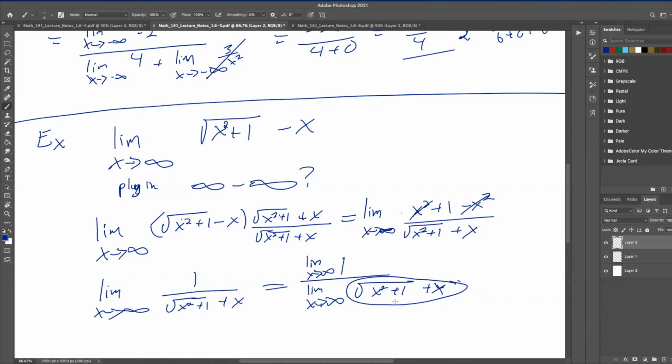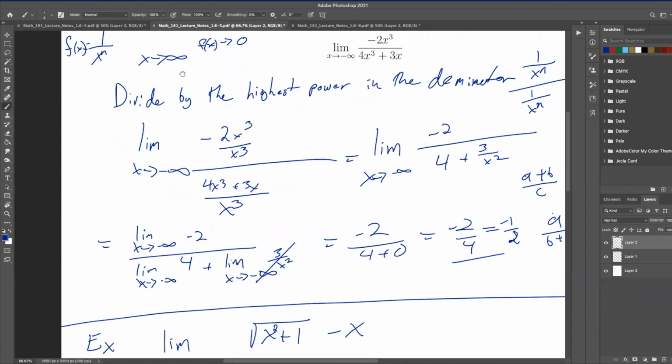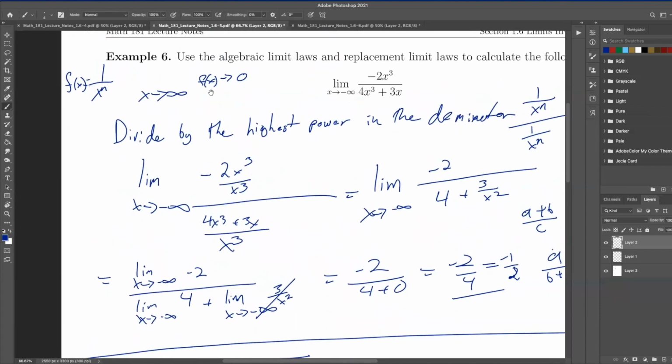That's the correct way of saying it. So this goes to positive infinity, and this goes to positive infinity. Since they both go to positive infinity, the sum goes to positive infinity, and 1 over infinity for limits means 0. Kind of like we had up here: as x to the n goes to infinity, 1 over that goes to 0.